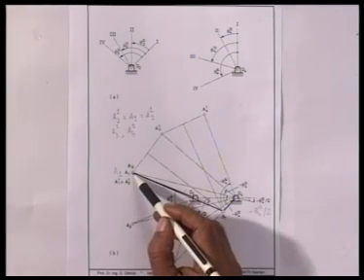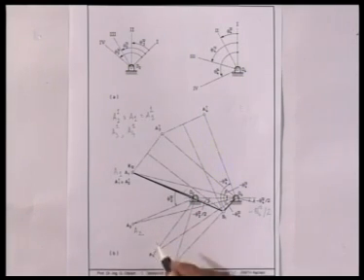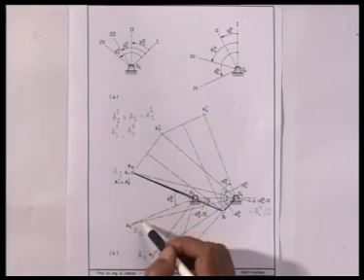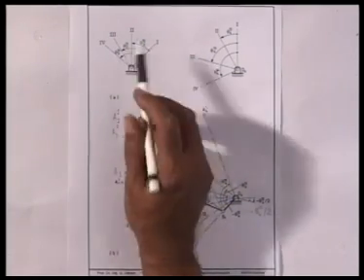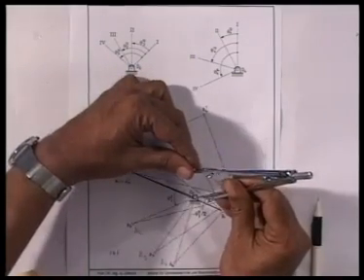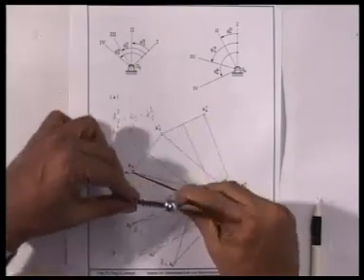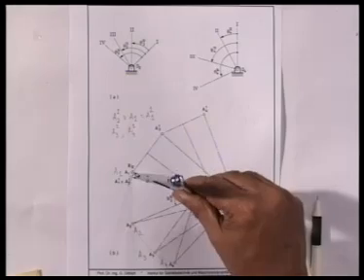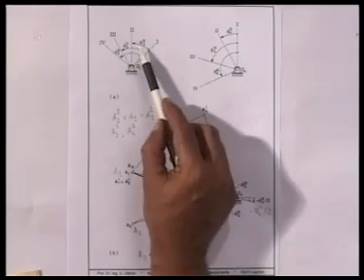Now, once this is the choice of A1, I can determine A2 and A3 and A4 by rotating O2A by theta 2 1 2 and then theta 2 1 3 and theta 2 1 4. These are prescribed. So, I rotate O2A about O2. So, A lies on this circle, and the angle between O2A1 and O2A2 should be theta 2 1 2.